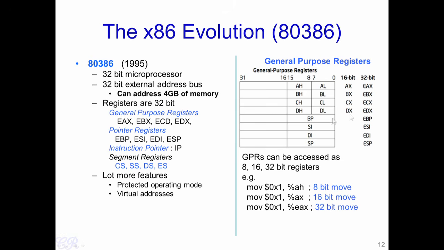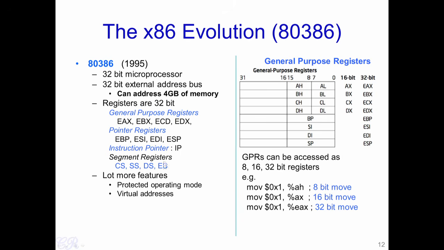To ensure this, even though the registers were extended from 16-bit to 32-bit, programs could still access the registers as if only 16 bits were available. For example, the AX, BX, CX, DX would access the lower half of the extended registers, that is register bit 0 to bit 15.